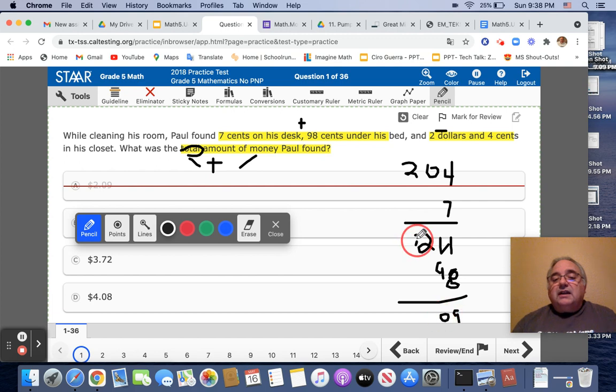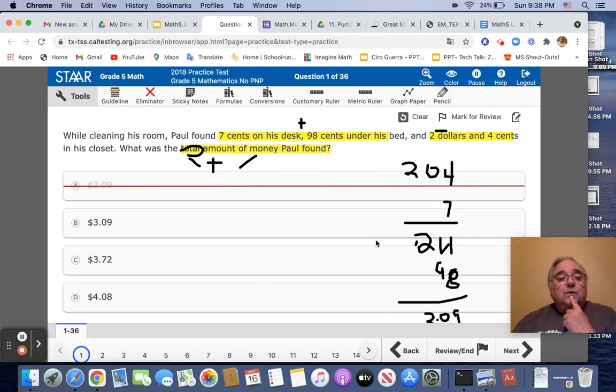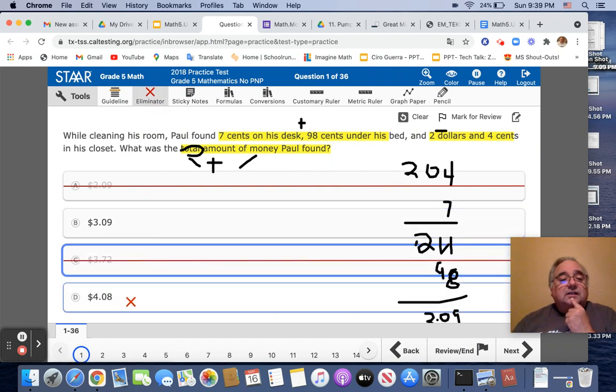Carry 1, that gives me a 3. Make sure I put my decimal point. So I know that 309 is my answer. I can eliminate these two right here.